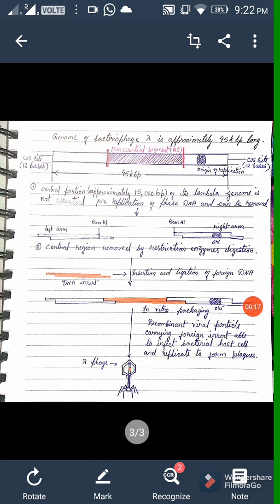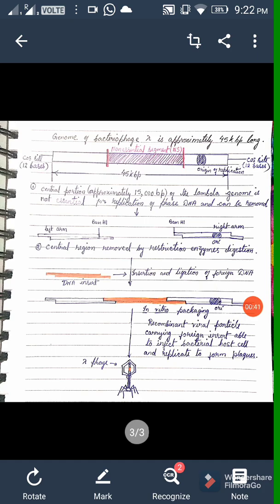You can see the first figure here is the genome of a bacteriophage, only that particular DNA. We have to isolate that DNA. Suppose this non-essential segment is shown in blue color. Why have I written that here? Because it is not essential for the life cycle of the virus.